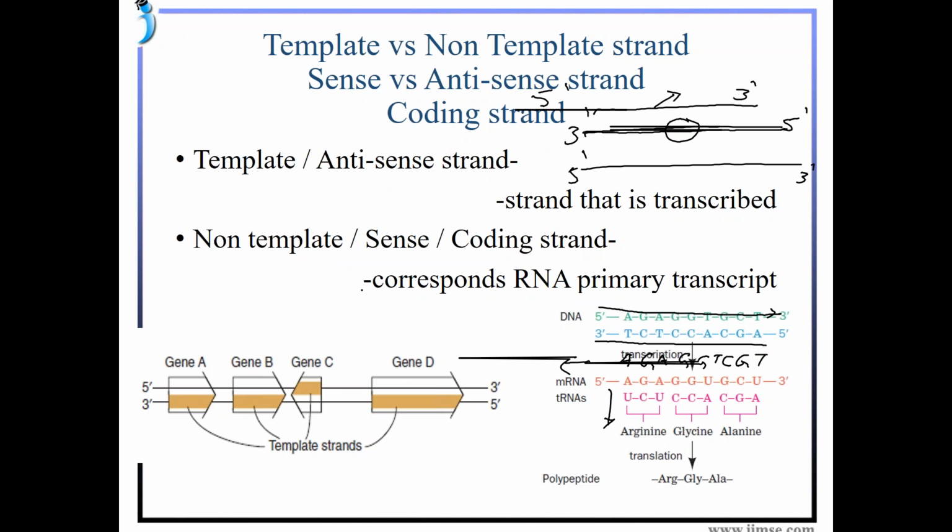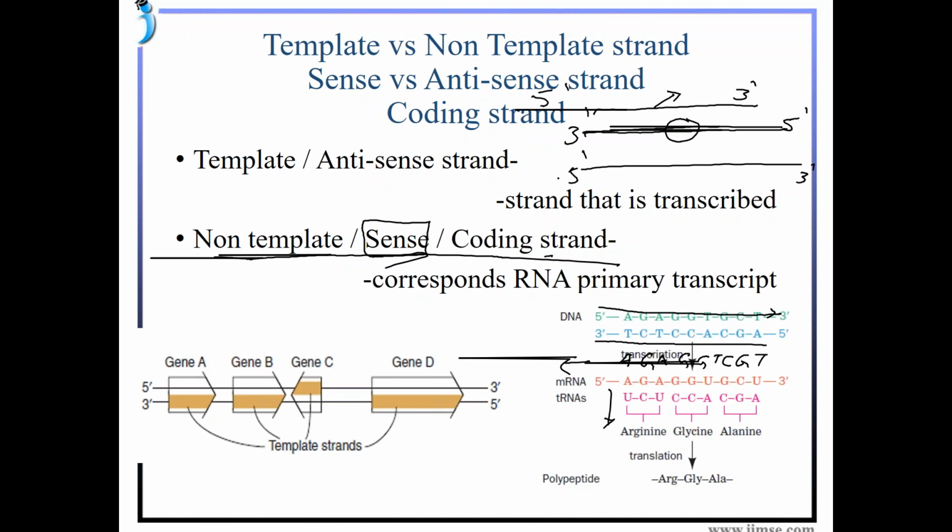That is why the non-template strand is also called the coding strand, and that strand actually makes sense. That means it resembles the RNA transcript. That's why the non-template strand is called the sense strand or coding strand. There is no compulsion that this strand should only act as the template strand.